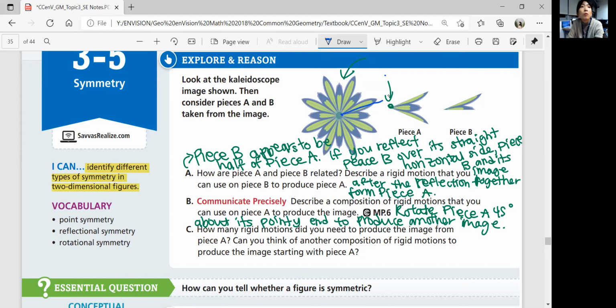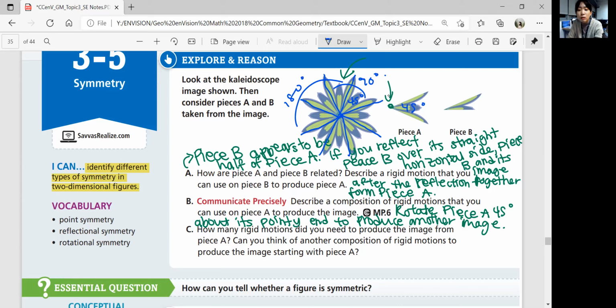Okay, that's 1, and that's 2, 3, 4, 5, 6, 7, 8, right? If you divide 360 degrees into 8 pieces, that's how you get 45 degrees. And so 2 of them will make 90 degrees together. Okay, 4 of them, 180 degrees. And then all 8 of them would be 360 degrees, right?